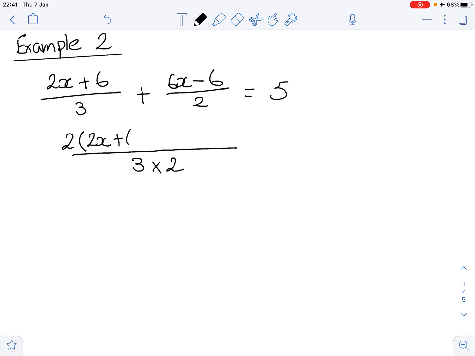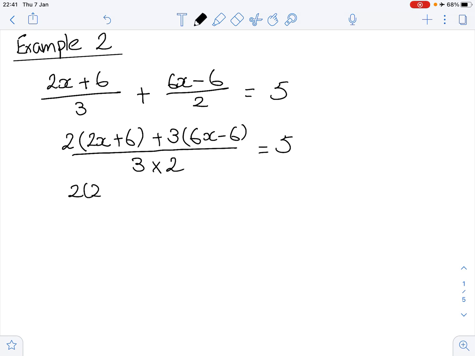So it'll be 2 bracket 2x plus 6, plus, for the second fraction, we multiplied by 3, so the numerator also needs to be multiplied by 3. So 3 bracket 6x minus 6, which equals 5.